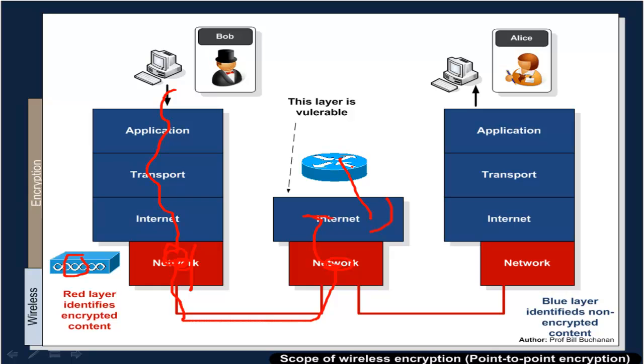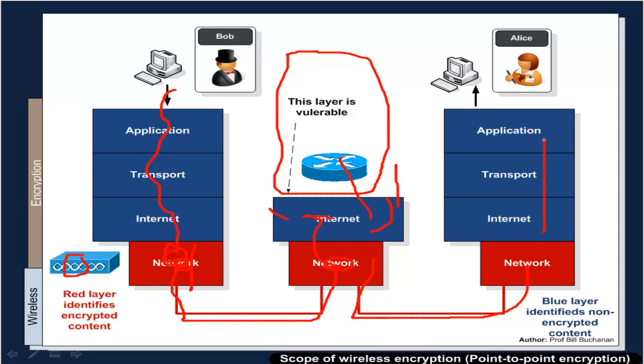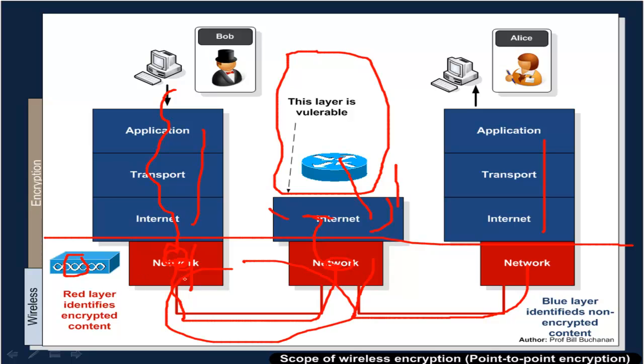So any ISP, any part of the internet which is operating at layer 3 can actually have a look at the data, and if Eve is here, then Eve can actually modify any of the data packets. When it goes back out on the network, we can encrypt it again, and then it's then decrypted. So we can see here that everything over the actual connection is encrypted, but anything above that isn't.